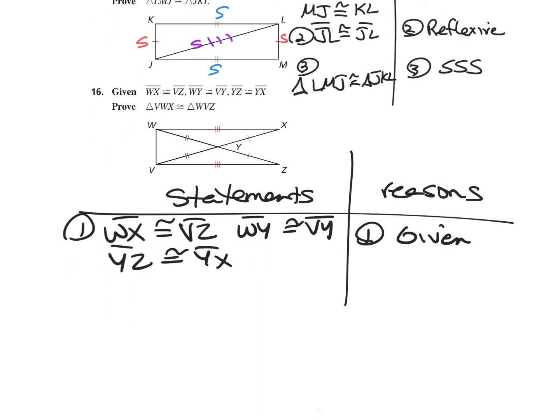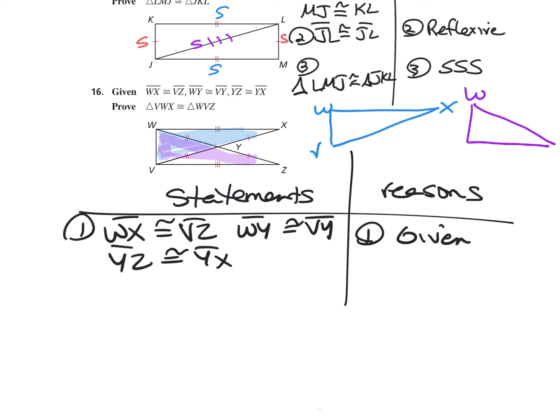And then what I'm going to do is, the two triangles they're asking me to prove congruent are VWX, which is this one right here, and I'm going to recopy that one over here and pull it apart. And then this other one that's down here, I'll write it this way.